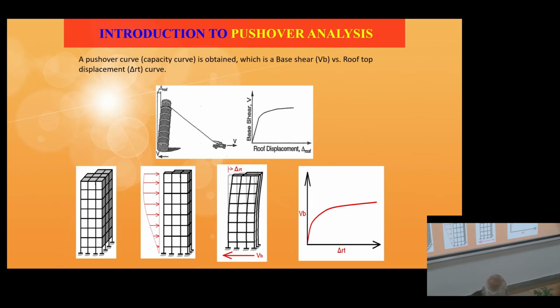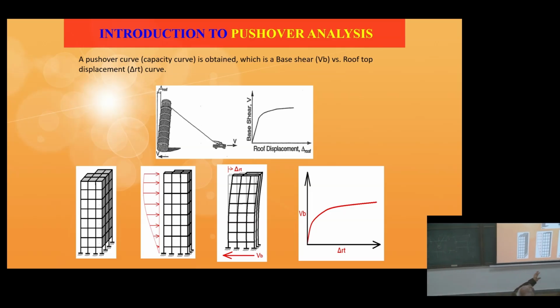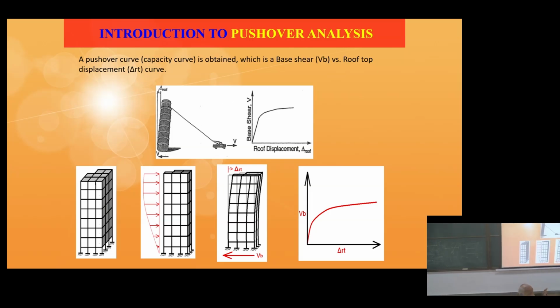But it is not linear, it is non-linear, and as a result of that you can see partly it is elastic, then after that it goes into the non-linear, meaning inelastic range. Now this is the simplest example of plotting a base shear versus roof displacement curve.